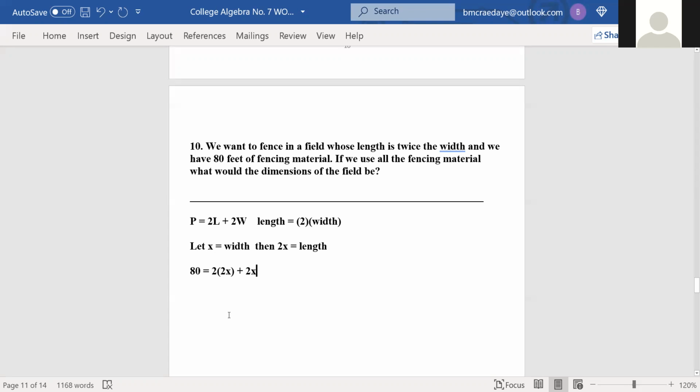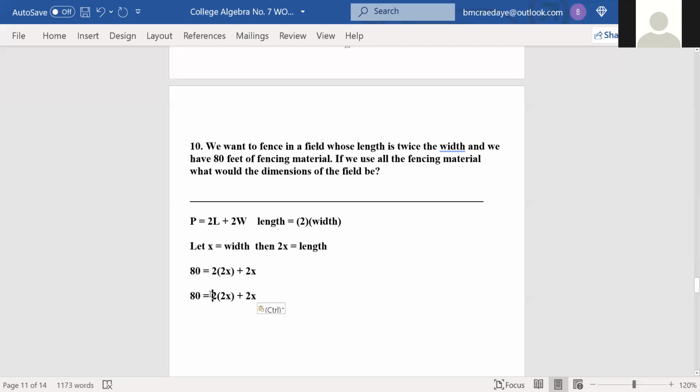So what do we get? Let's just multiply this out and set it equal to 80. So that's 2 times 2x is 4x.